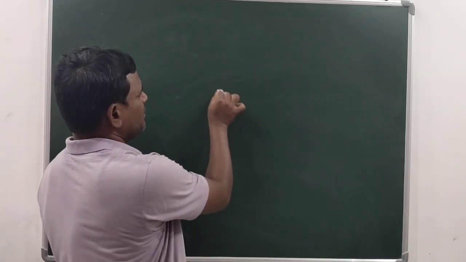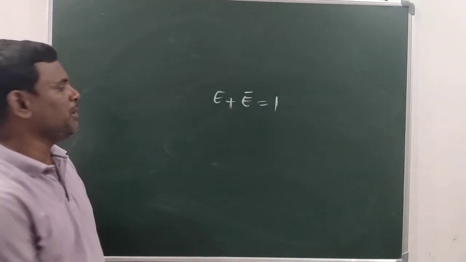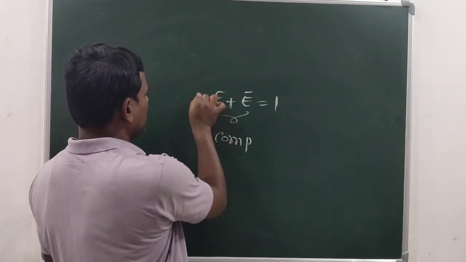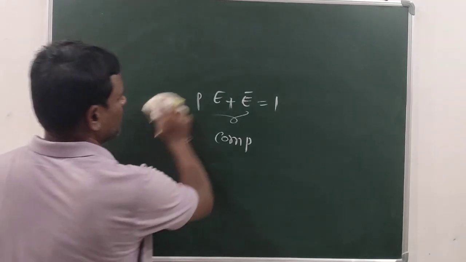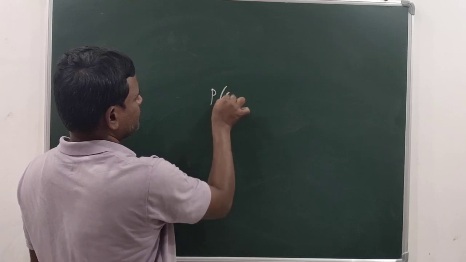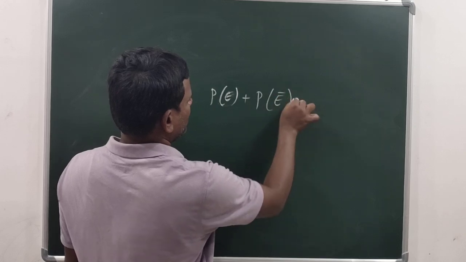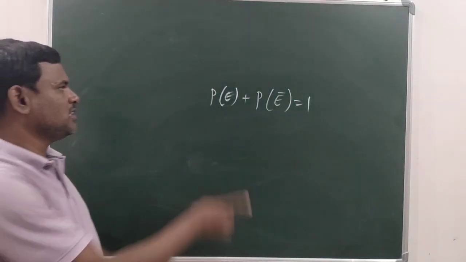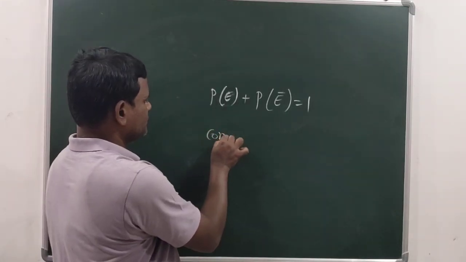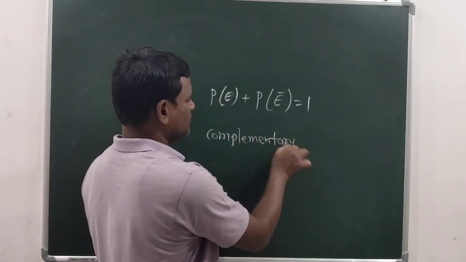Next, see. Whenever P of E plus P of E bar is equal to 1, then E and E bar are called complementary events.